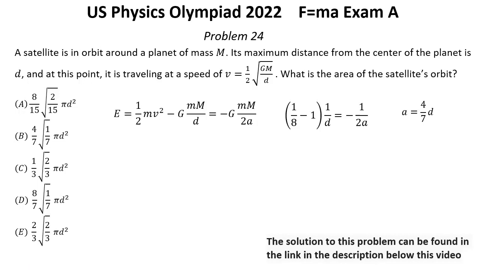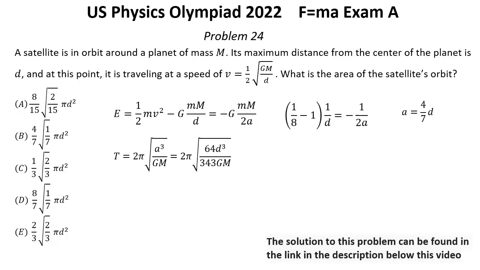From this law we can write that the period equals 2 pi multiplied by the square root of a cubed over GM, and here we can put in the expression through d. It will be this one, and finally we can find the area of this ellipse.